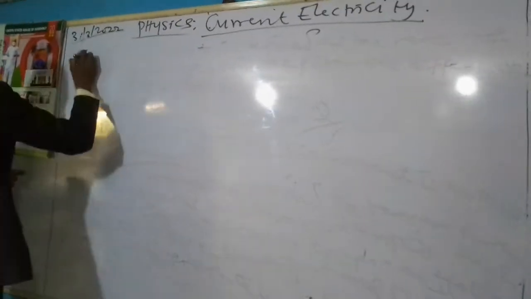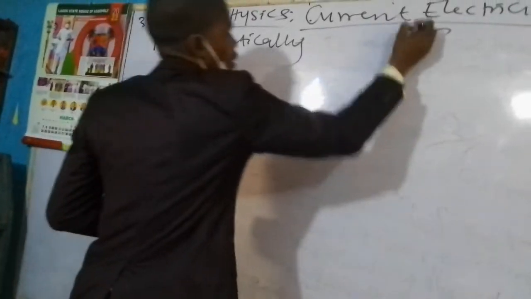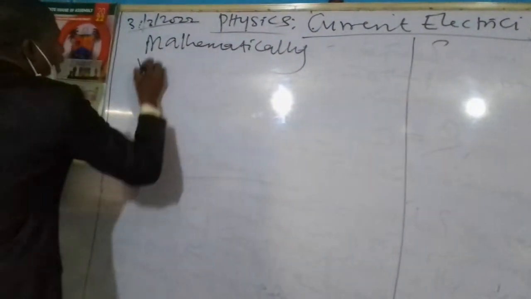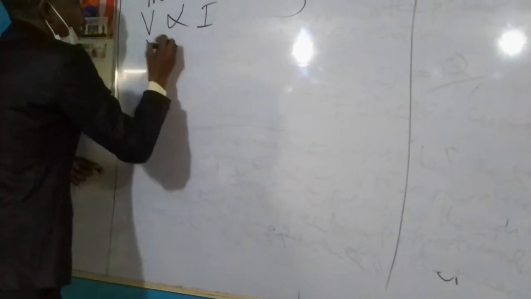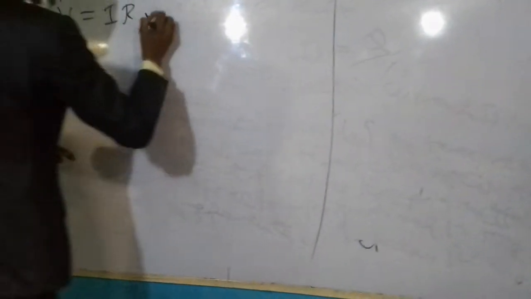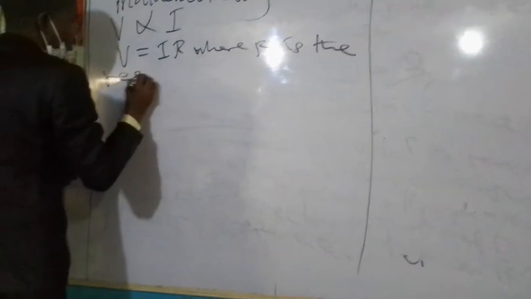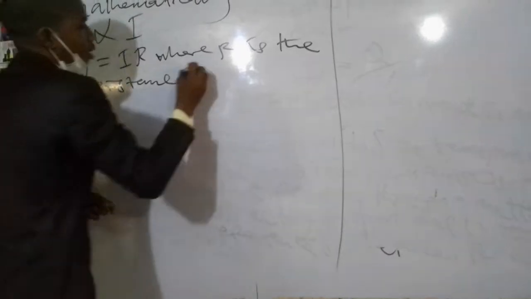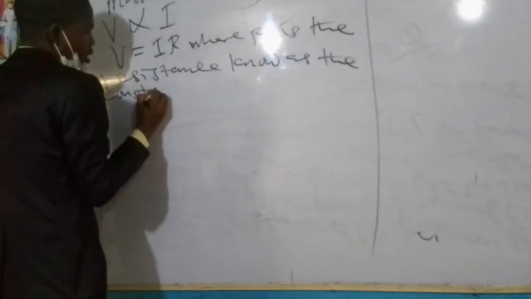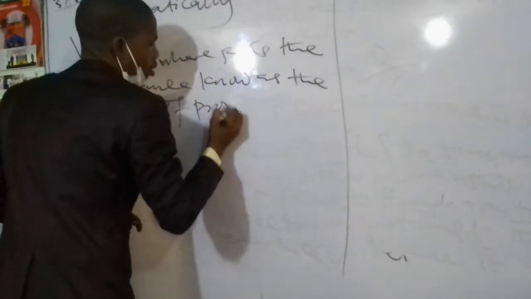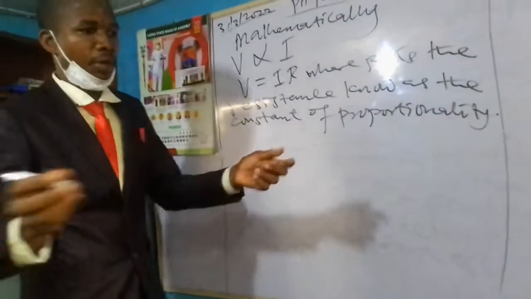That is, we can say that V is directly proportional to I. V is now equal to IR, where R is the resistance, known as the constant of proportionality.